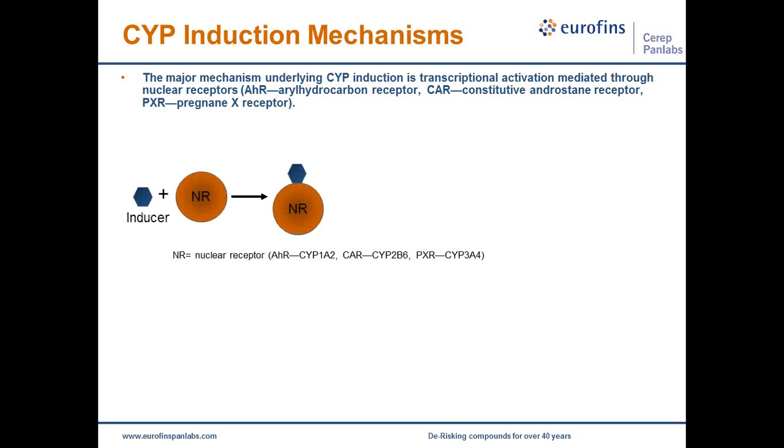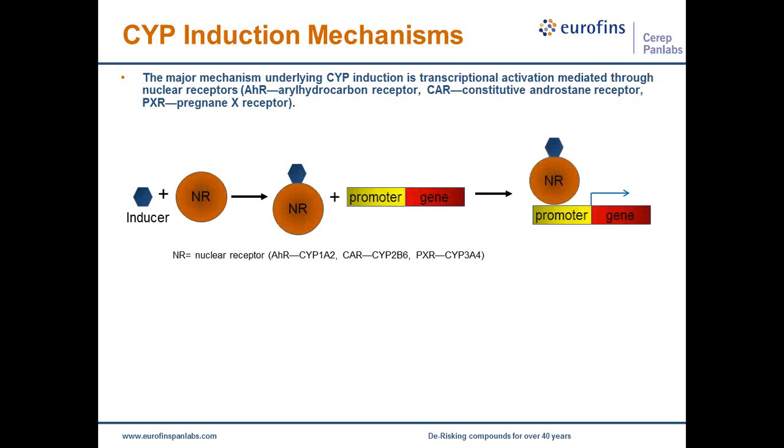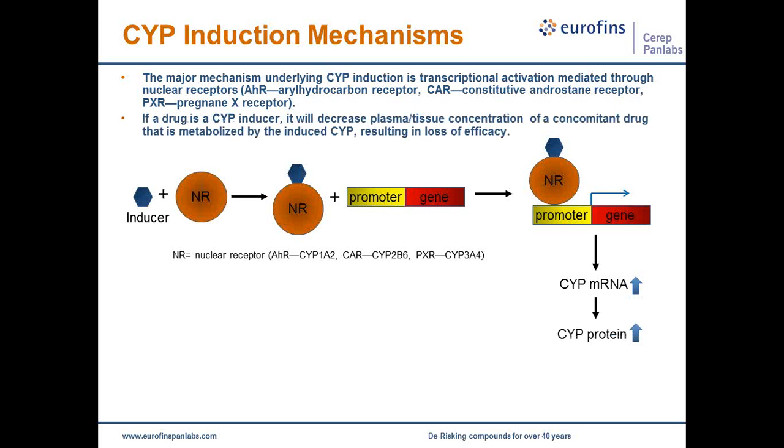The major nuclear receptors that mediate CYP induction are AHR for CYP1A, CAR for CYP2B6, and PXR for CYP3A and CYP2C. The inducer binds to the nuclear receptor, causing gene expression, so the mRNA level increases. Subsequently, the CYP protein level also increases, and the resulting metabolizing activity increases.